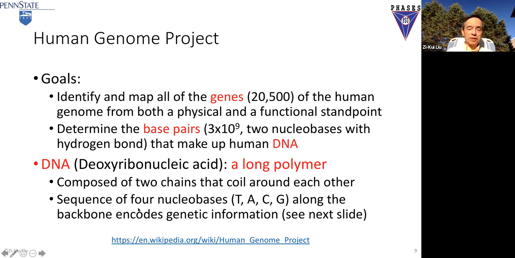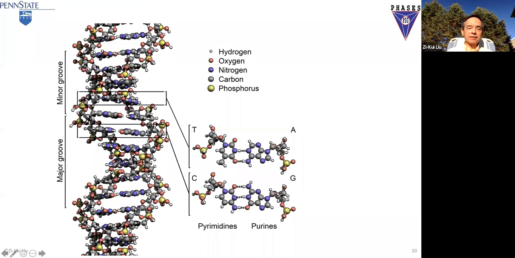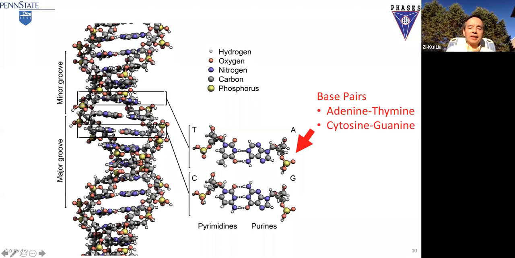So this sequence of chemical pairs dictates the properties. That's the key, right? By the different arrangement of these chemical pairs in the 2 chains, you get different genes. That's what genes are about.